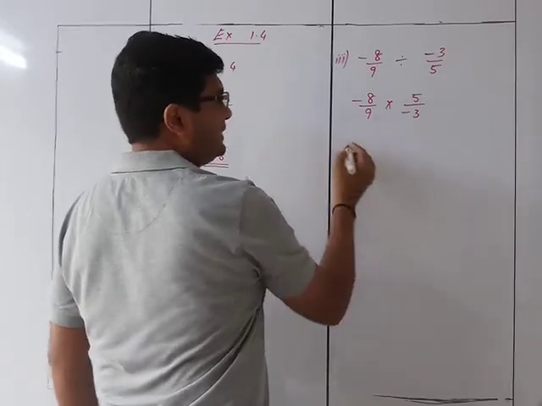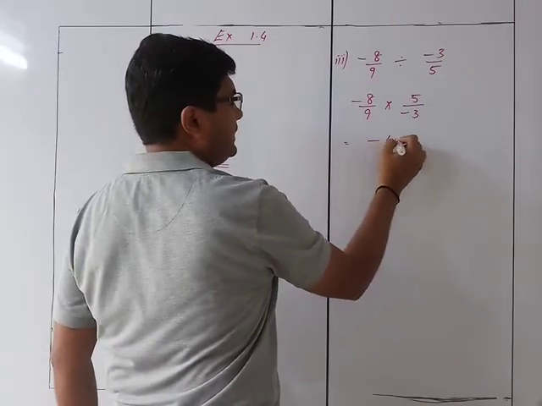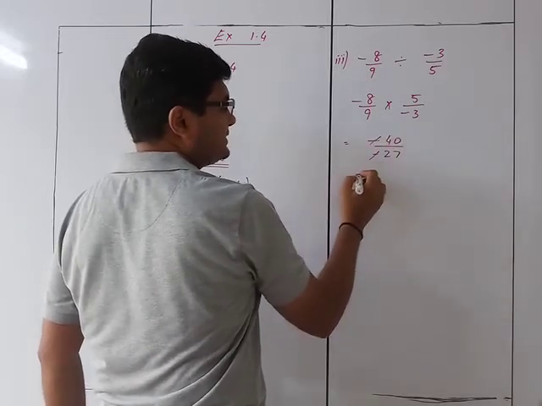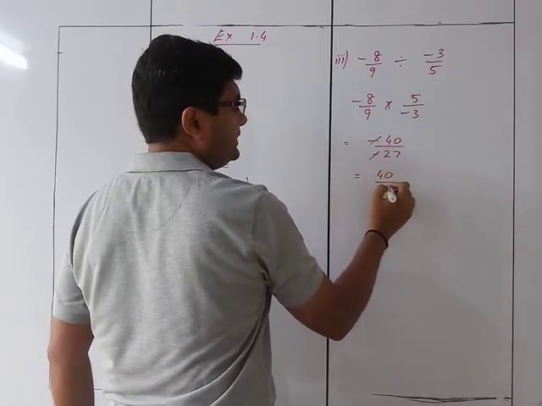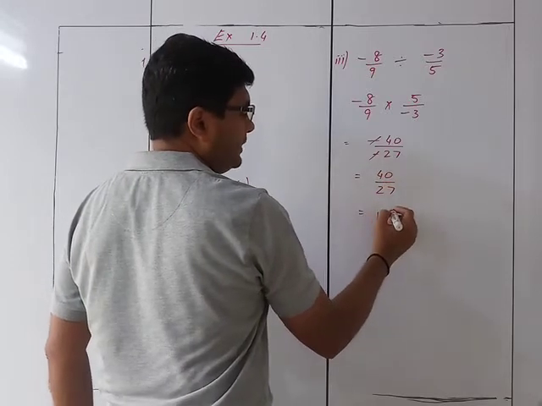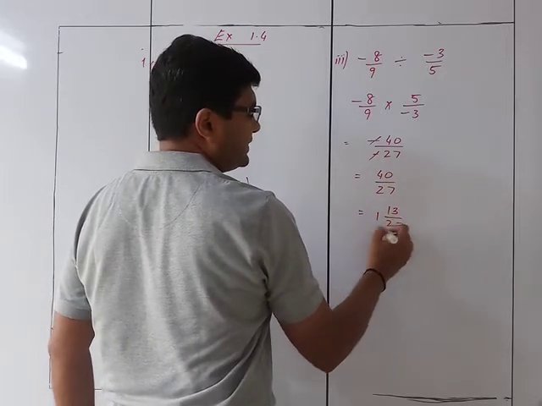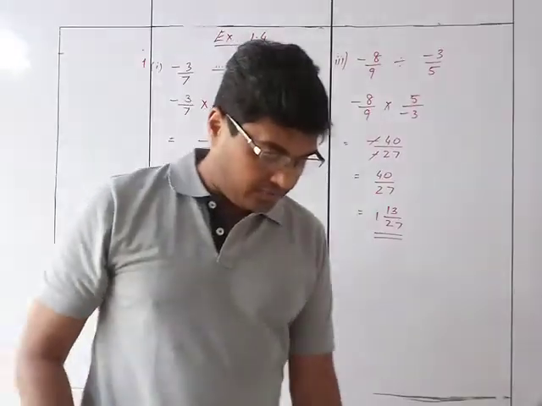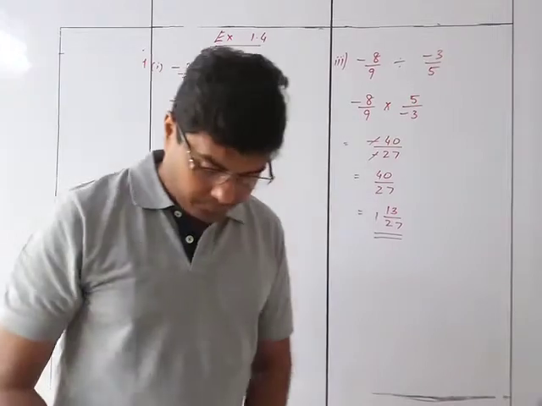You cannot cancel anything over here, so it's just minus 40 upon 27 over minus. So minus and minus get cancelled. It is 40 upon 27, which is nothing but 1 and 13 upon 27. That's the answer for the first question.